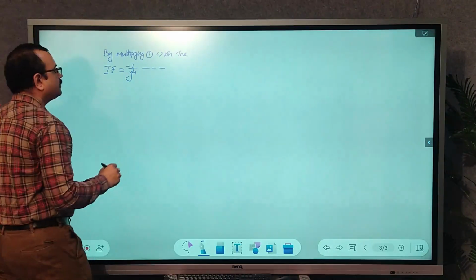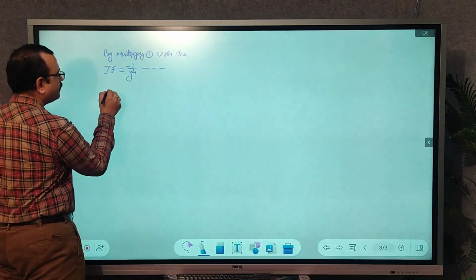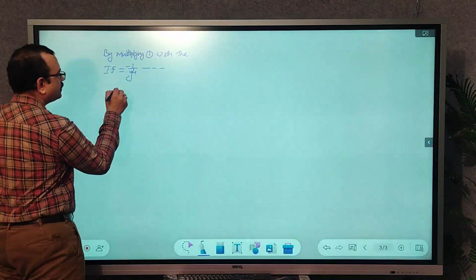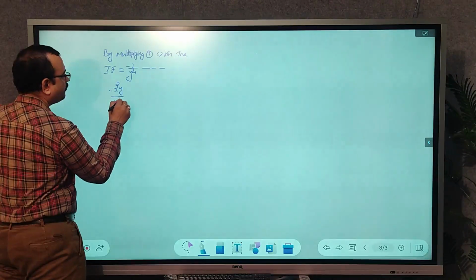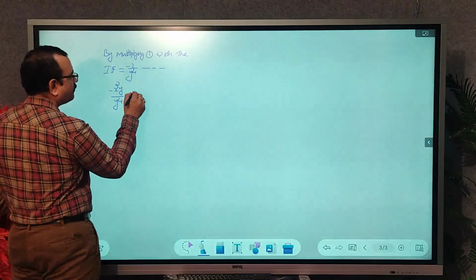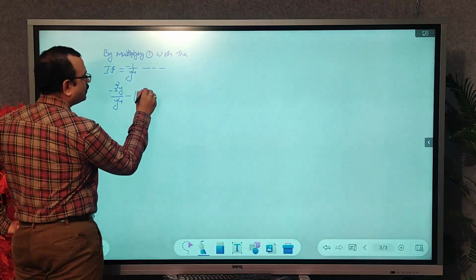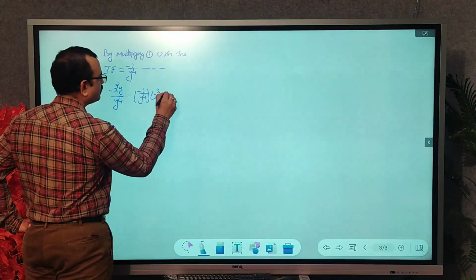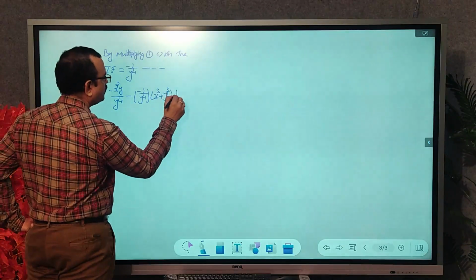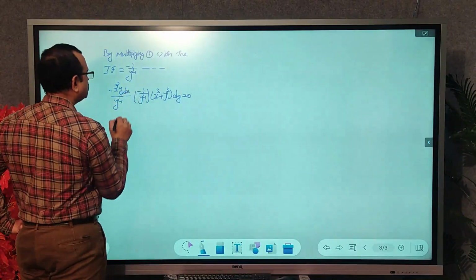We get, the first term is x square y, so we get minus x square y divided by y power 4. Next, minus of 1 by y power 4 into x cube plus y cube into dy is equal to 0. This dx here we have.